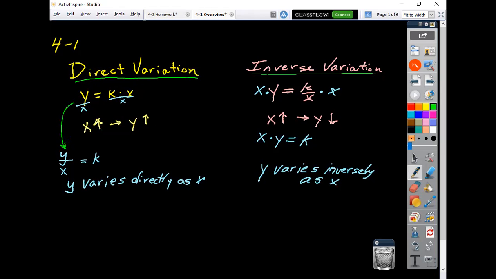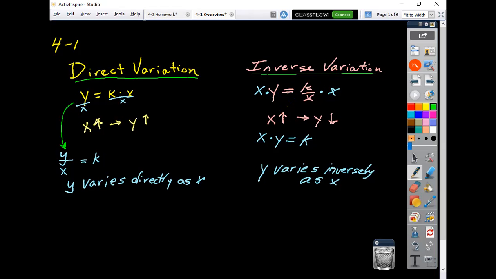If they give you a table of data and they ask, is it direct or is it inverse? Then what you're going to look at is, if I take one variable divided by the other, do I always get a constant? Or if you do inverse variation, which is what we're talking about in this lesson, y equals whatever your constant is divided by x.